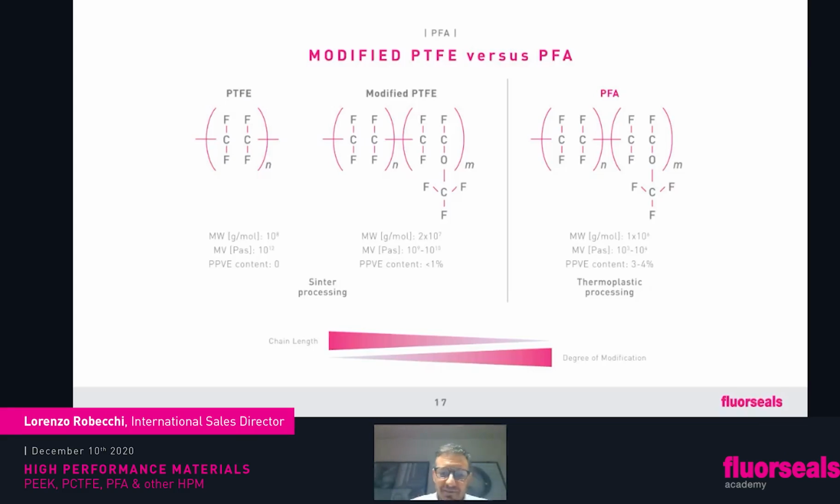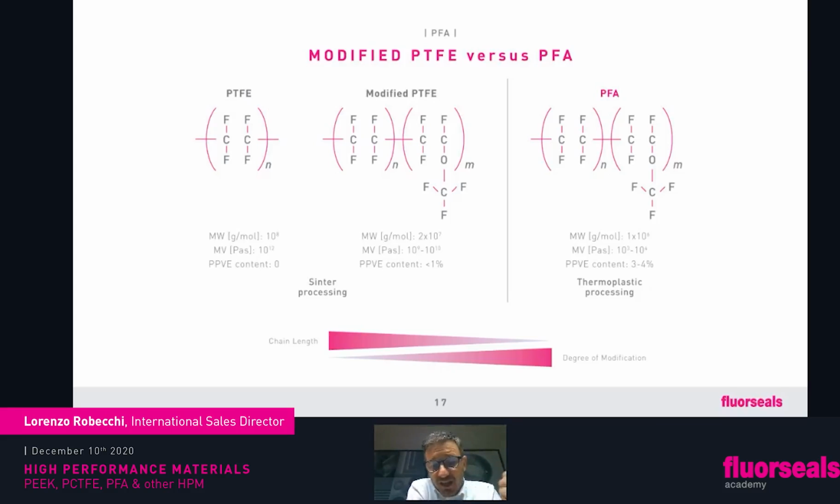Don't get scared. I'm scared myself. I'm not a chemical guy, so I'm not going to be able to explain this to you. But believe me, this slide is very interesting, and it is our introduction to PFA. Let's look at the bottom. Chain length compared to degree of modification.